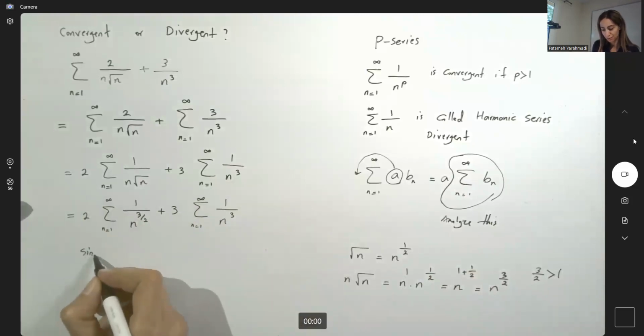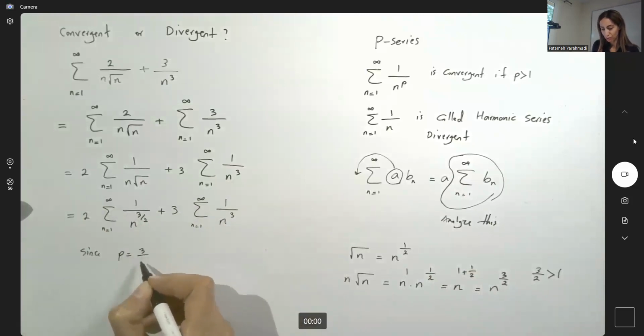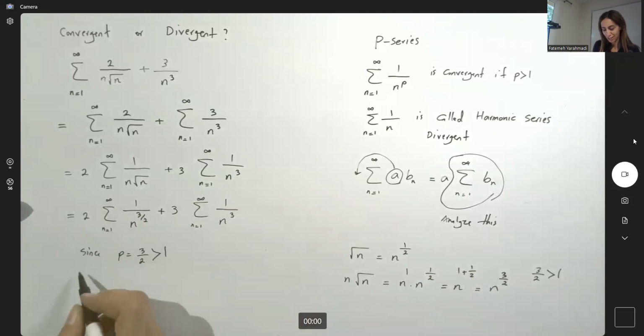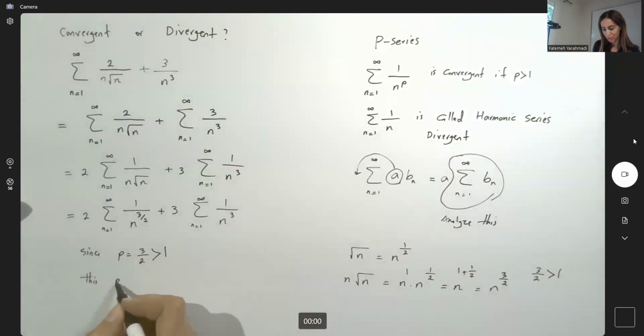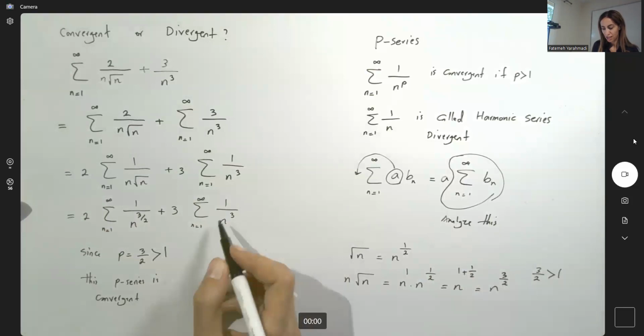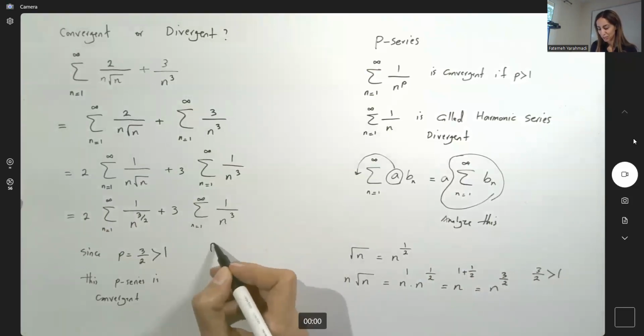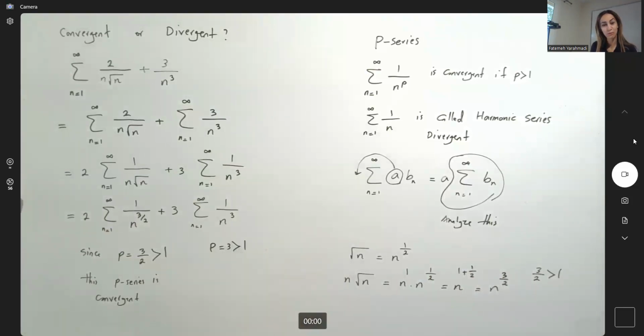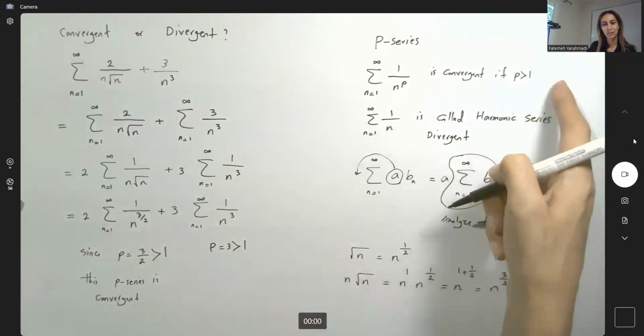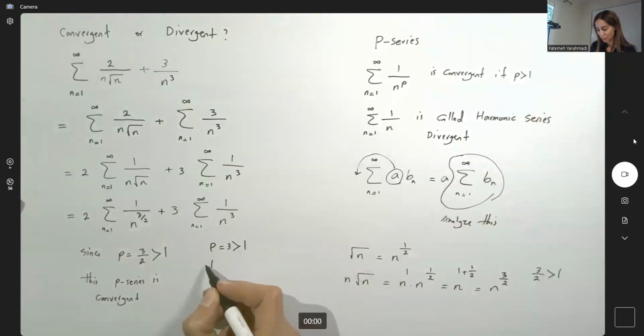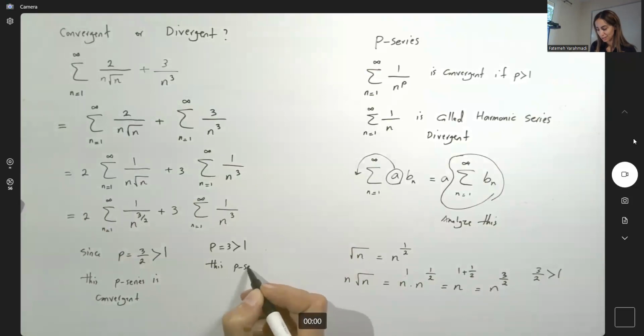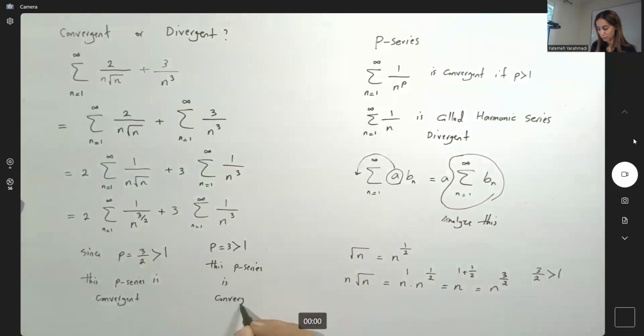So since p is equal to 3 halves, and it is more than 1, this p series is convergent. The second p series, p is 3, more than 1. So obviously, using the definition of p series, this p series is convergent as well.